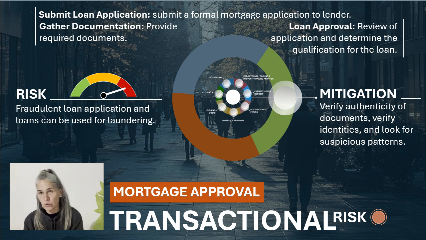And there's also a loan approval stage, where there's a review of the application to determine the qualification for the loan as applicable. The high risk is due to fraudulent loan applications and loans that can potentially be used for laundering. How to mitigate these risks? Verify the authenticity of documents, verify identities, and look for suspicious patterns.